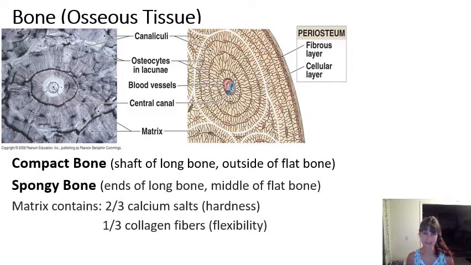The matrix of osseous connective tissue contains a lot of calcium salts in the form of a molecule called hydroxyapatite. Calcium salts make up 2/3 of the matrix of osseous connective tissue, which contributes to the fact that it is hard.